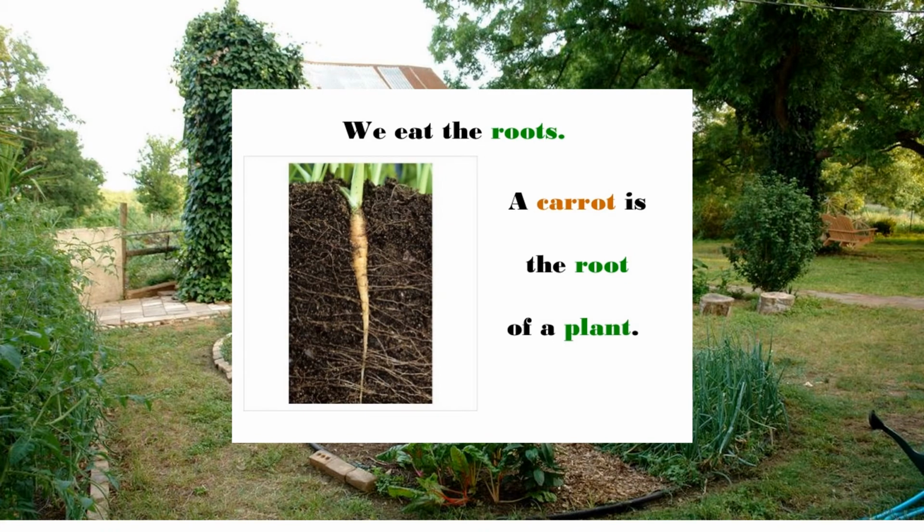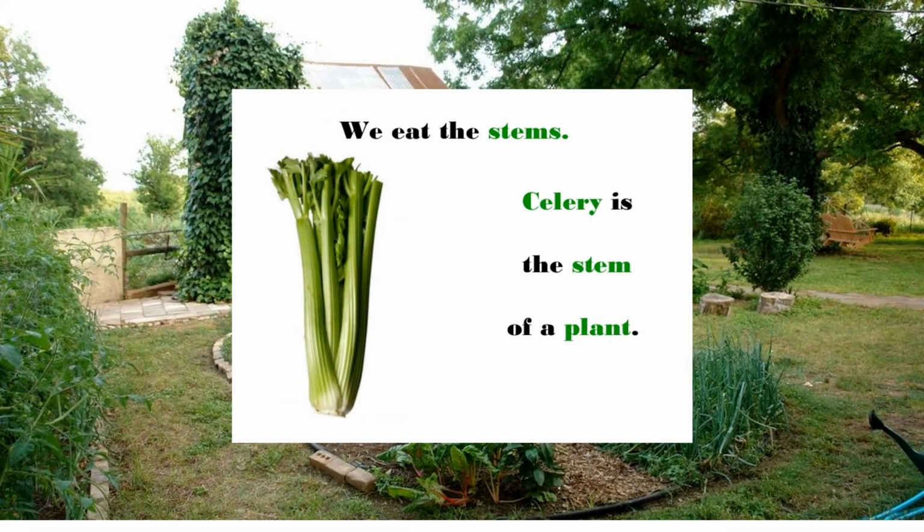We eat the roots. The carrot is the root of a plant. You can see the carrot growing there, and you can see all the little parts coming off the root of the carrot there. Do you see them, the hairs? We eat the stems. Celery is the stem of a plant.